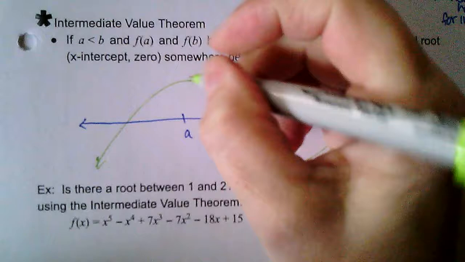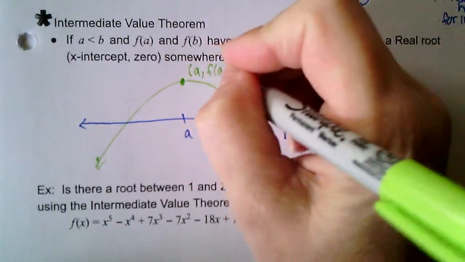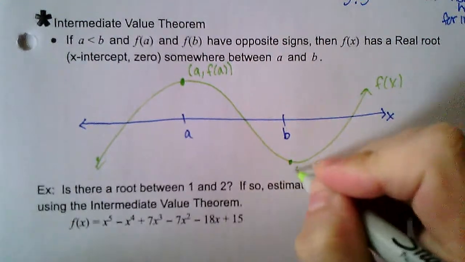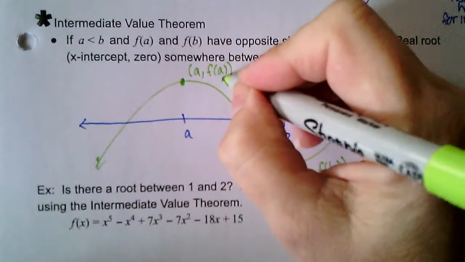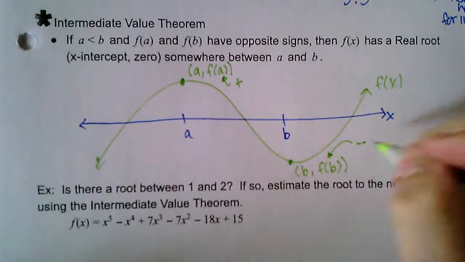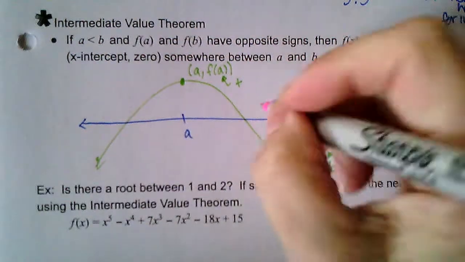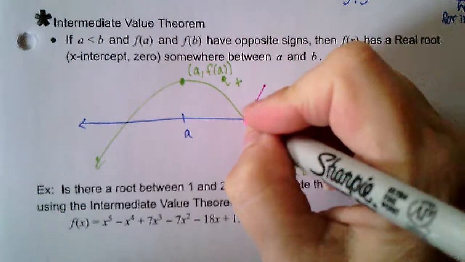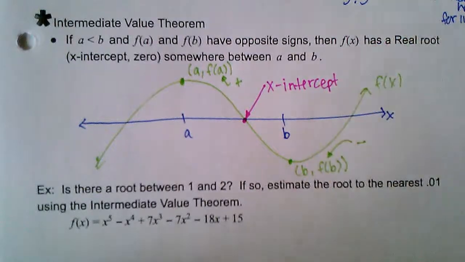But what the intermediate value theorem says is that if f of a and f of b have opposite signs, see, f of a is positive because it's above the x-axis. f of b is negative because it's below the x-axis. Then the intermediate value theorem says that since that function has to cross through both of those points, at some point in between there has to be an x-intercept or a root or a zero.